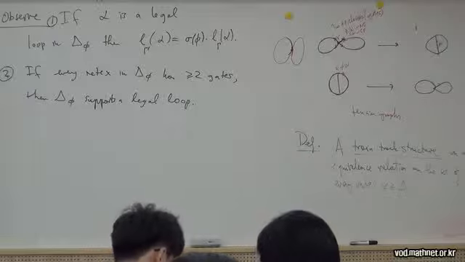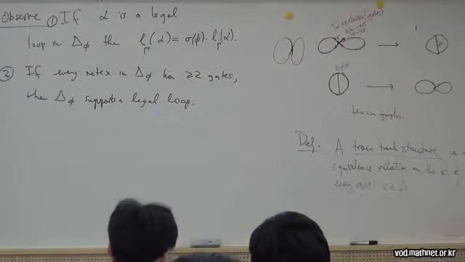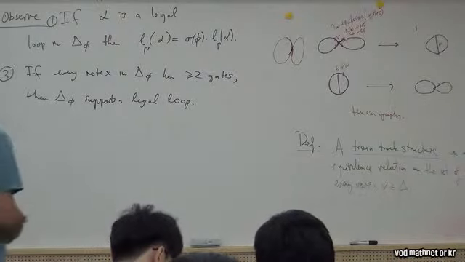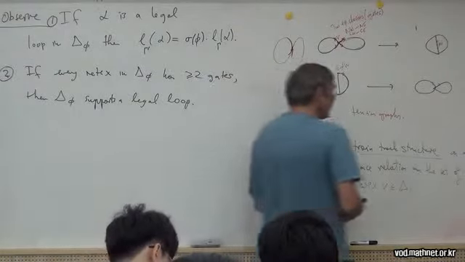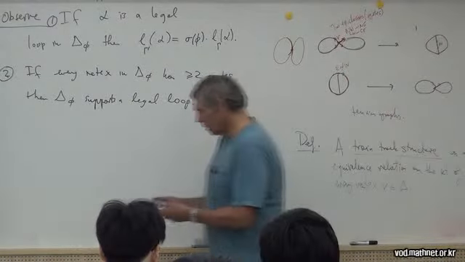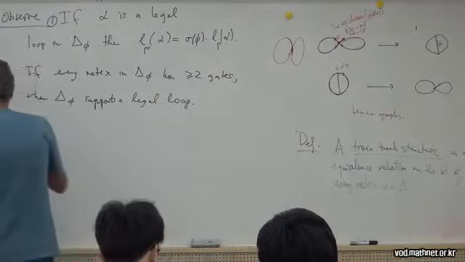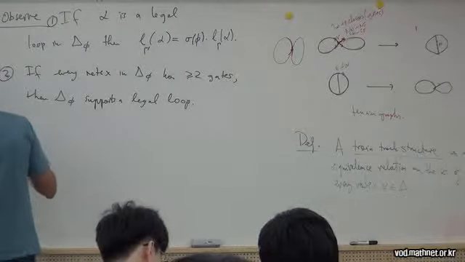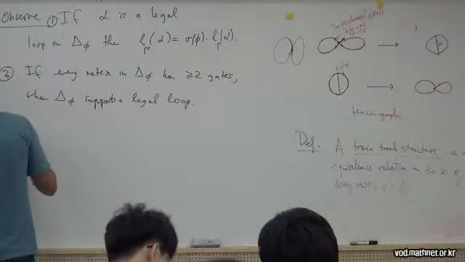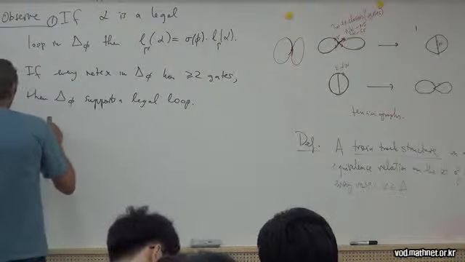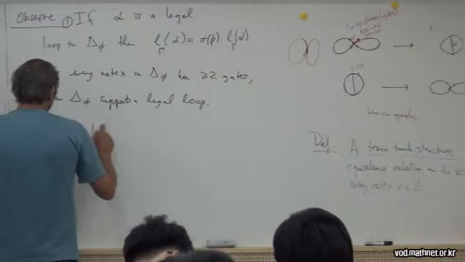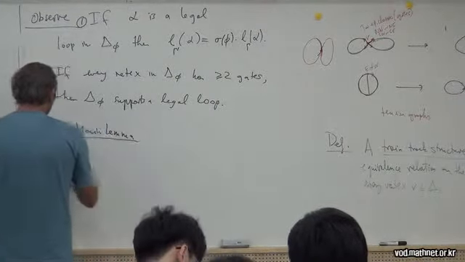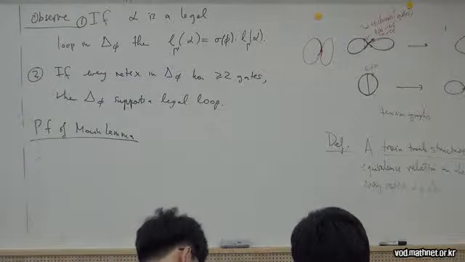That's it. So these observations are very easy. The main claim here is to prove the lemma. Proof of main lemma. We still have to do some work. The lemma is not completely obvious.